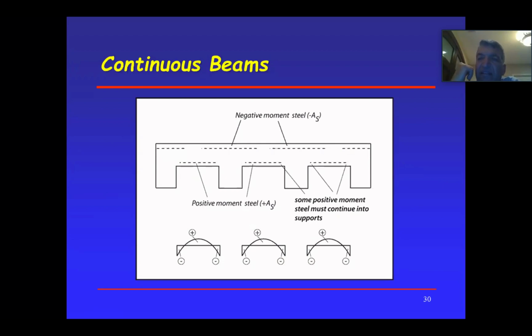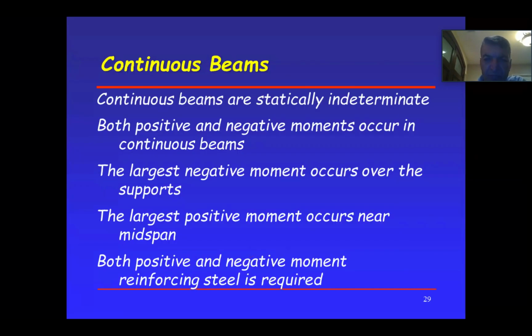That means I can solve these problems by statics only: summation of Fx equals 0, summation of Fy equals 0, summation of moment equals 0. That makes the beam determinate. Here it's highly indeterminate. You cannot solve it by those simple equations. So continuous beams are statically indeterminate.